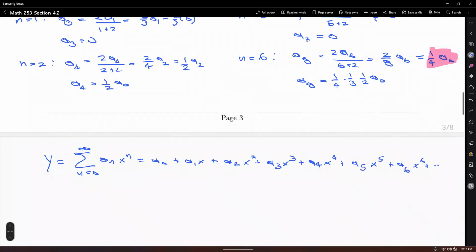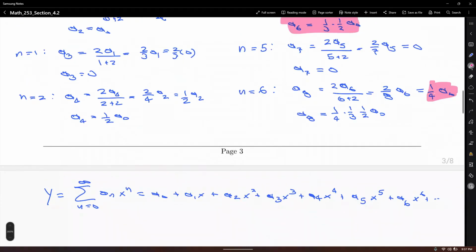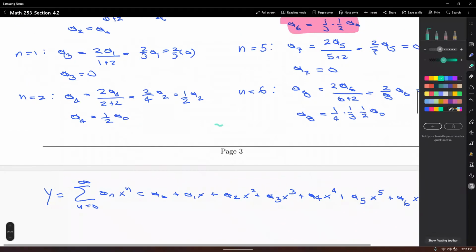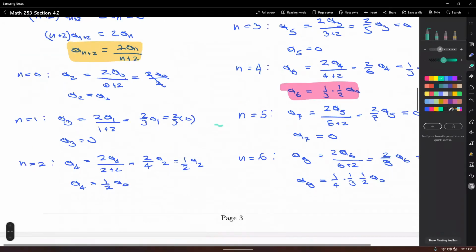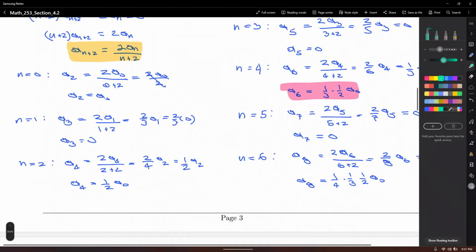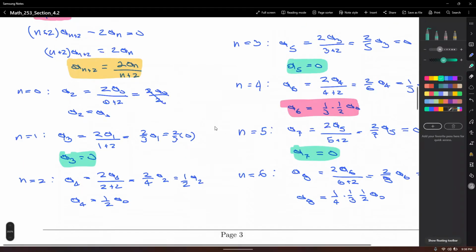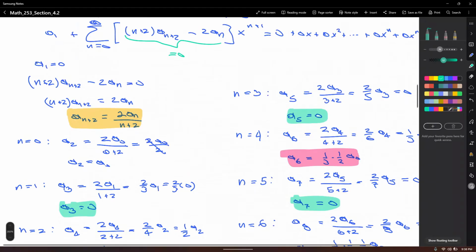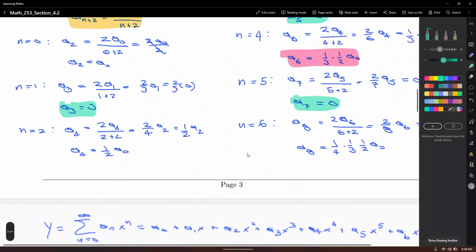One thing you may have noticed is how we used a different color to highlight this: all the odd number coefficients, a sub 3, a sub 5, a sub 7, in addition to a sub 1, all of those end up being 0.